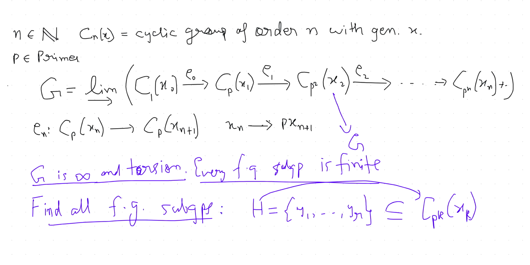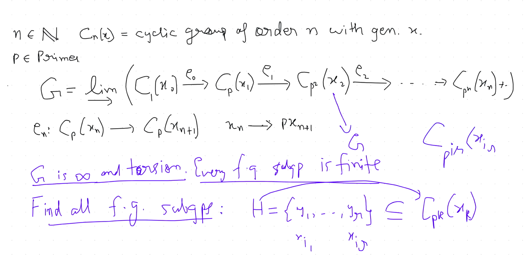H has finitely many generators, and if y1 is in x_{i1} and yr is in x_{ir}, then all of y1 up to yr we can assume are in C_{p^{ir}}. We can push them, a composition of injective maps. So then it's done.